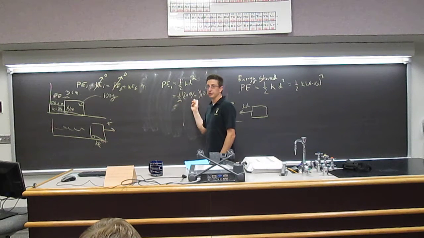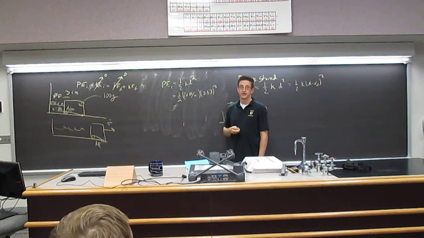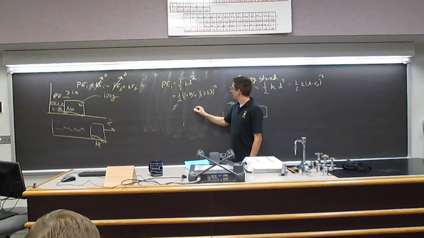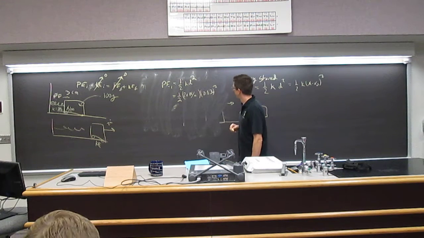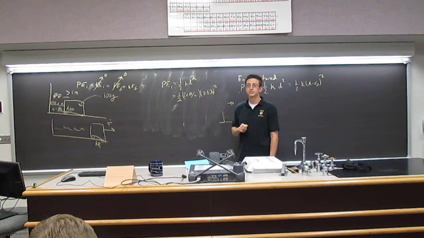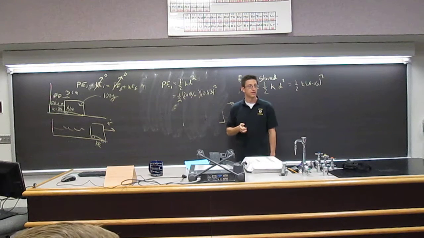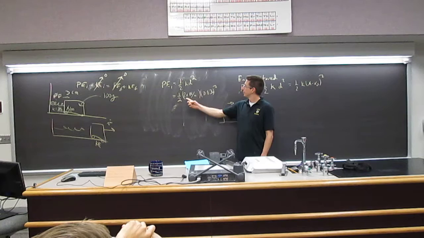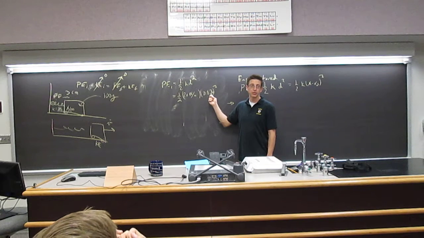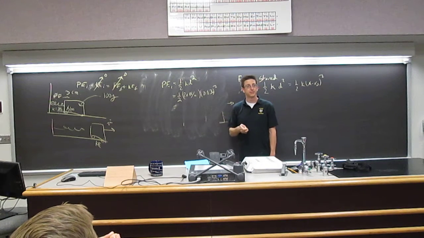By the way, what's the number for this? The 1/2 20 newtons times 0.03 squared.